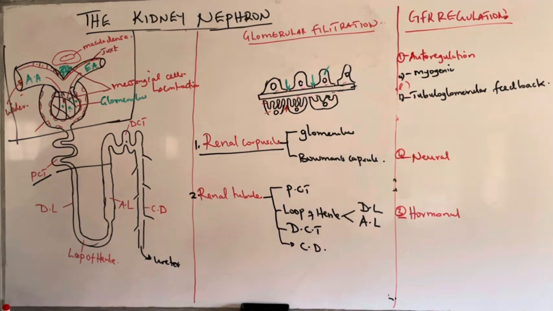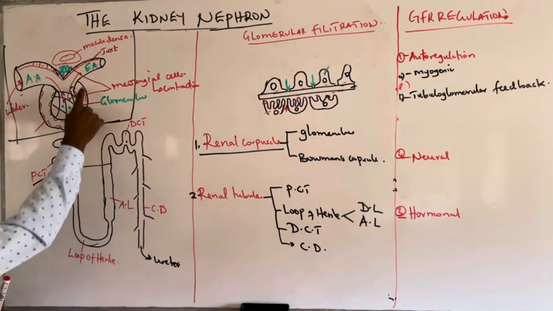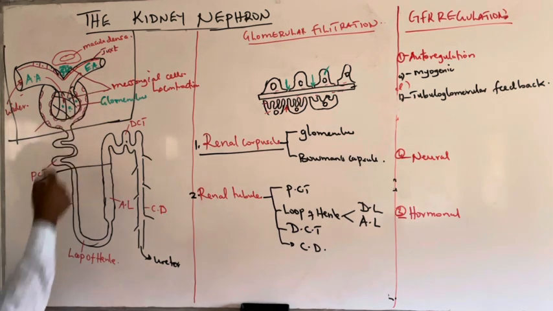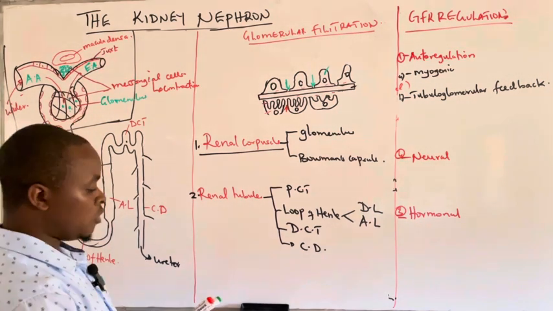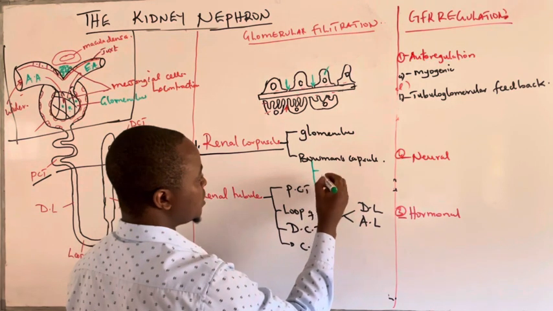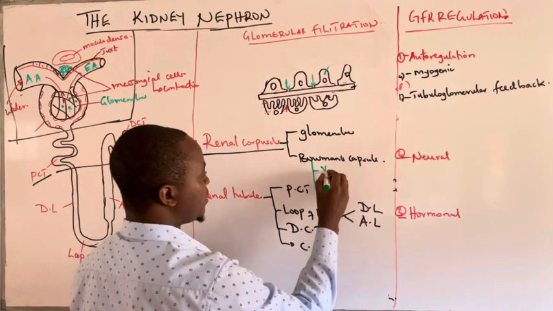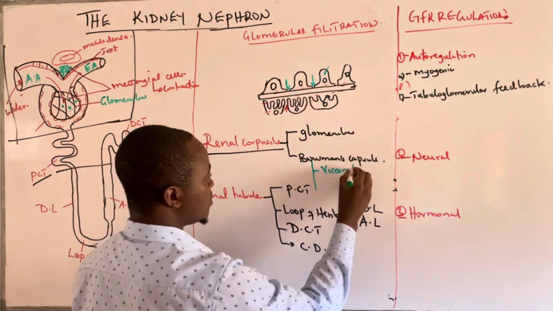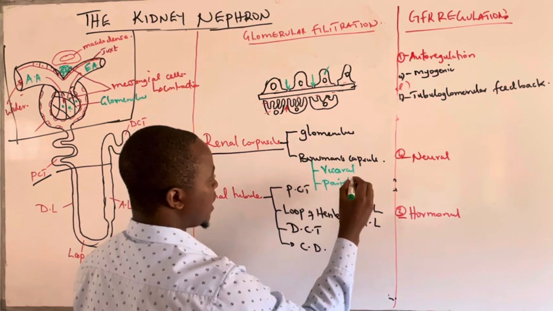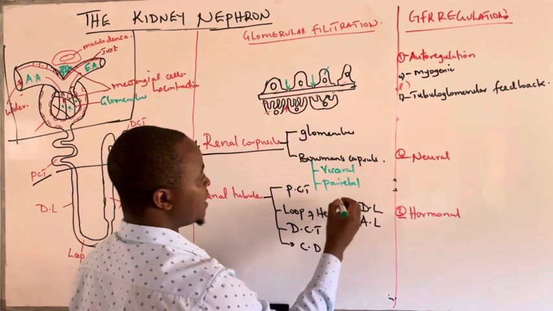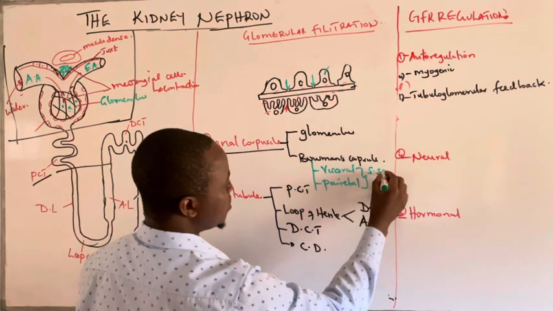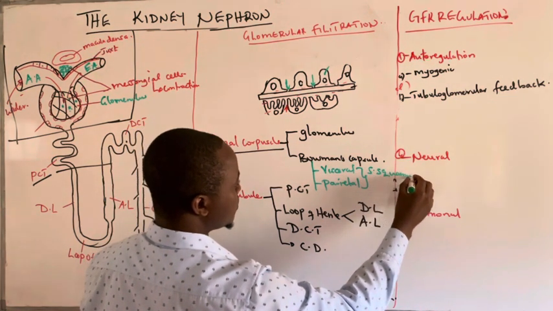And apart from that, we see the Bowman's capsule. It has the capsular space. And this capsular space has layers. So we're going to see that this Bowman's capsule has two layers known as the visceral layer and the parietal layer. And both the visceral and the parietal layers are made up of simple squamous epithelium.